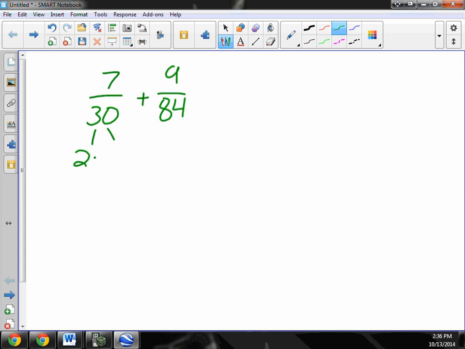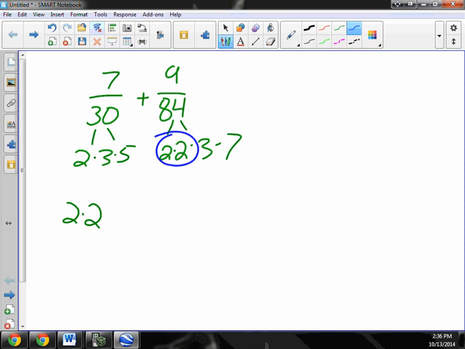This is 2 times 3 times 5. And this is 2 times 2 times 3 times 7. Okay? So, what is my common denominator going to contain? 2 times 2, and then a 3, and a 5, and a 7.